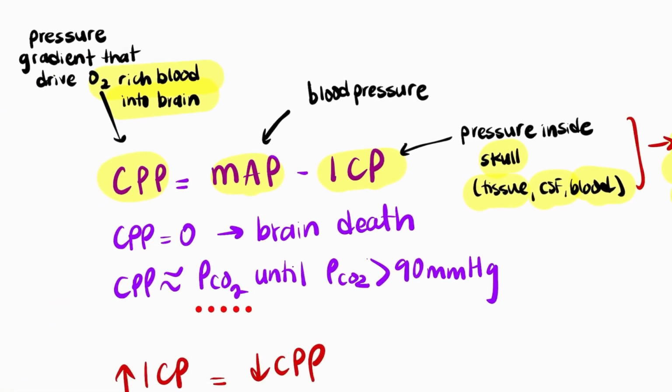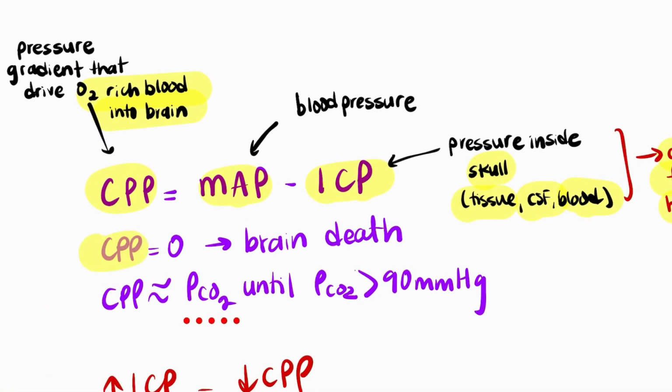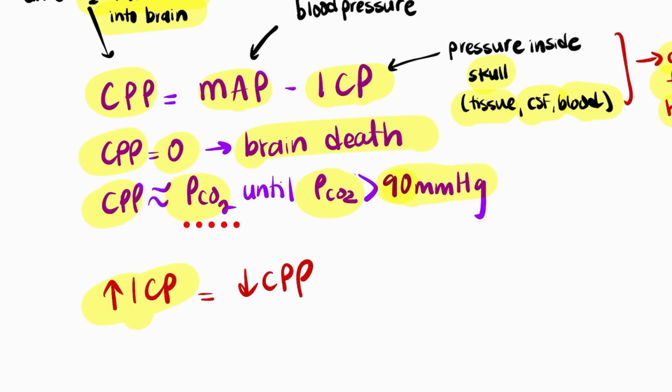So cerebral perfusion pressure can be 0, and that would lead to brain death because, again, you're not getting enough oxygen. And we know that cerebral perfusion pressure is almost equivalent to the partial pressure of CO2 until a certain amount, and that is when the partial pressure of CO2 is more than 90 millimeters mercury. Okay, so the more pressure we have, the less cerebral perfusion pressure.